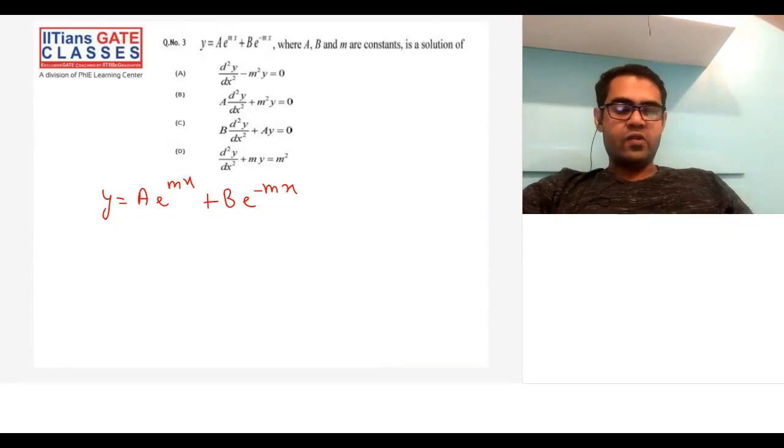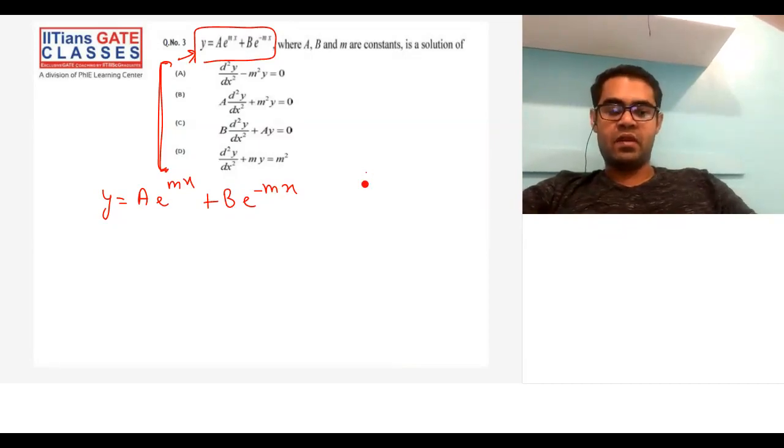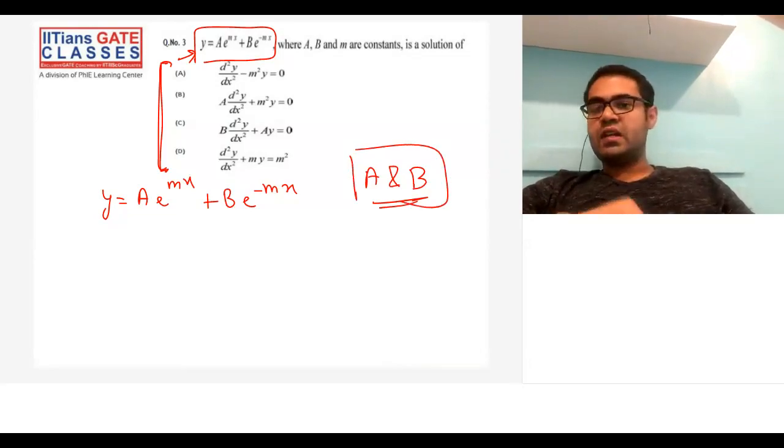The thing that you have to do here is, they have given you a solution, y is equal to some function, and now you have to tell me which of the differential equations can be written using this equation. So there is a standard procedure again to solve this. All you have to do is try and eliminate the constants a and b. a and b are the coefficients of the exponential terms. You try and eliminate both of them.